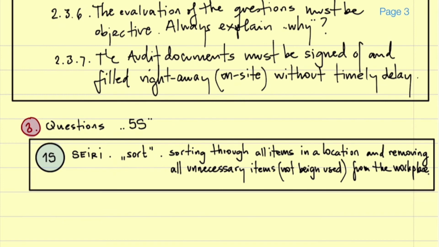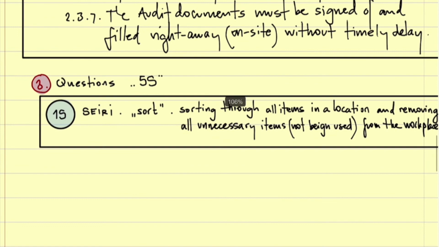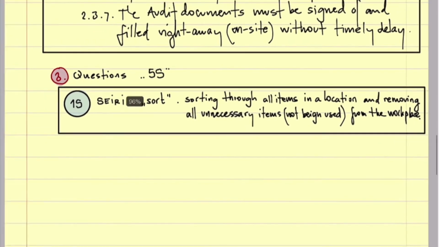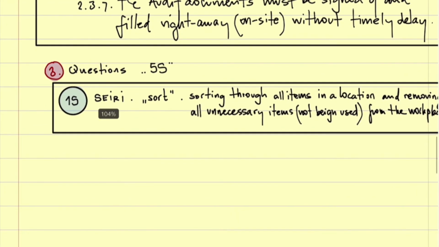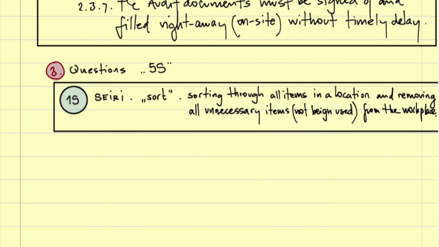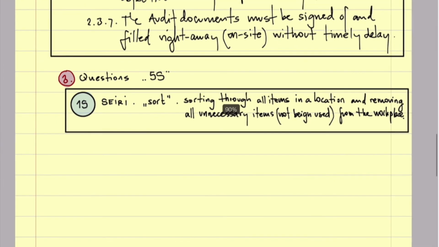It's called Seiri. Okay. By the way, you can do this audit if you wish. You can perform it in your own kitchen or in your own room. It doesn't have to be in an office or in a factory. So you can do what we're going to do now yourself, and you will see the effect.